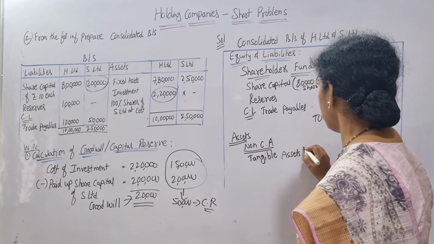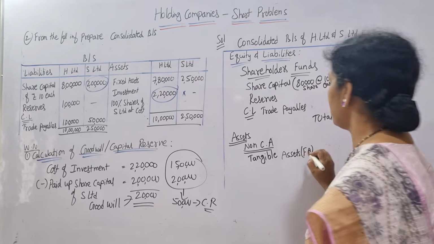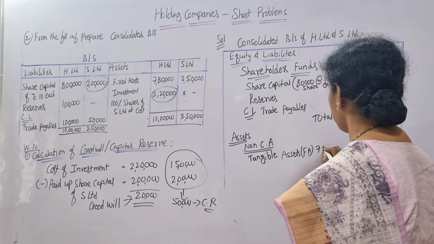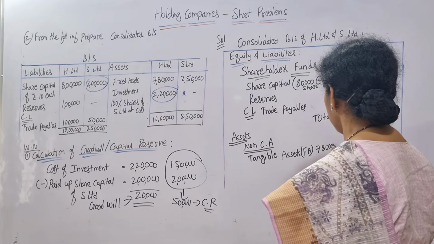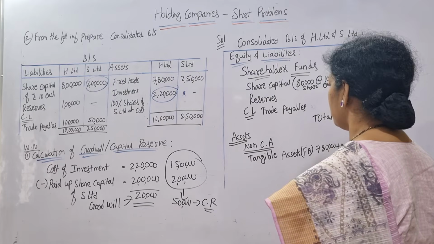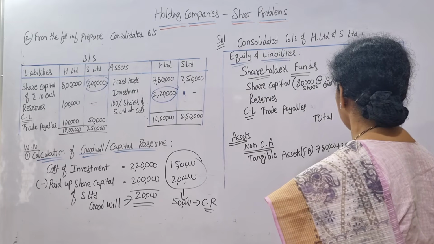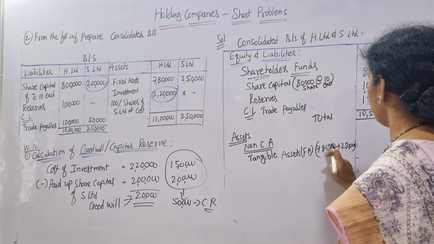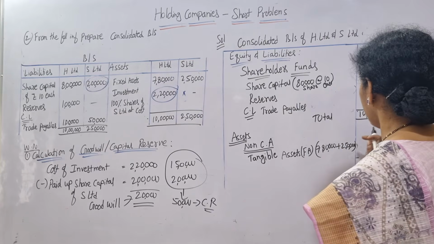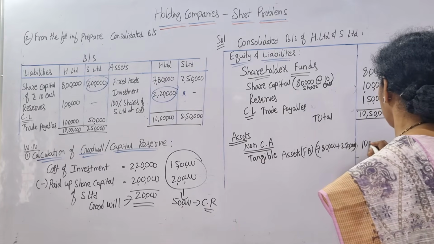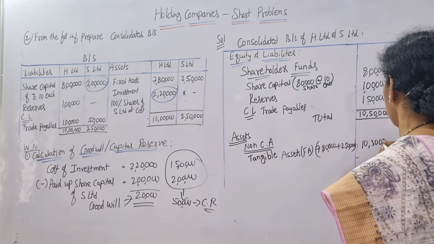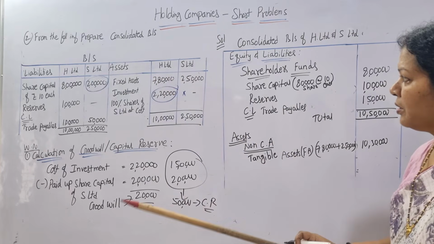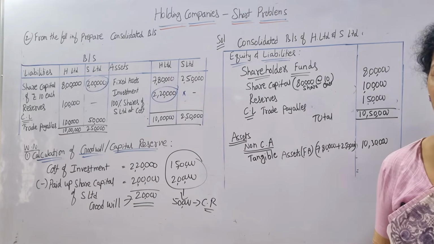So fixed assets, this is 7,80,000 plus 2,50,000. We'll add and show it. How much does it come to? 10,30,000. If you total up, we are getting 10,30,000. Fixed assets are over. Next, investments we don't write.